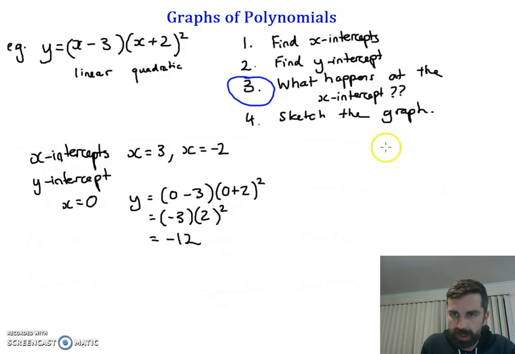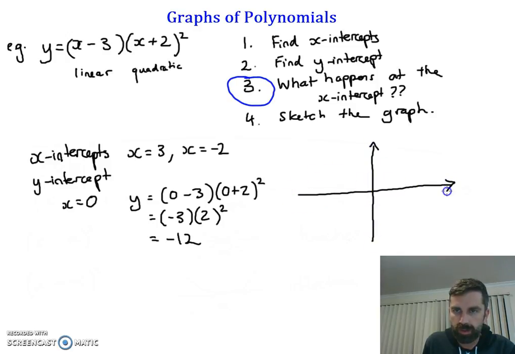Now, let's have a look at the graph. Should be able to fit it in over here. Just have to draw this carefully. You'll have a bit more room in your book. Now, I'm not really going to draw this to scale, but that doesn't matter. So down here is negative 12. That's my y-intercept. I've got an x-intercept over here at x equals 3, and another x-intercept at x equals negative 2.